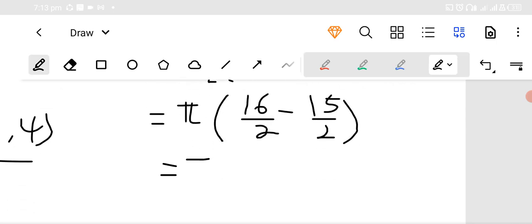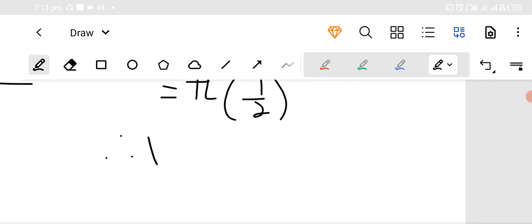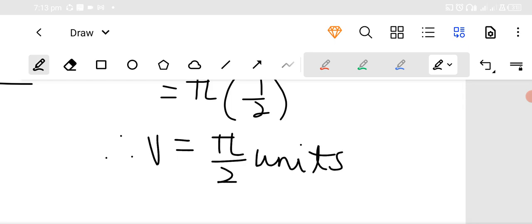That's going to be equal to pi multiplied by 16 over 2 minus 15 over 2, which is 1 over 2. So therefore the volume will be equal to pi over 2 units cubed.